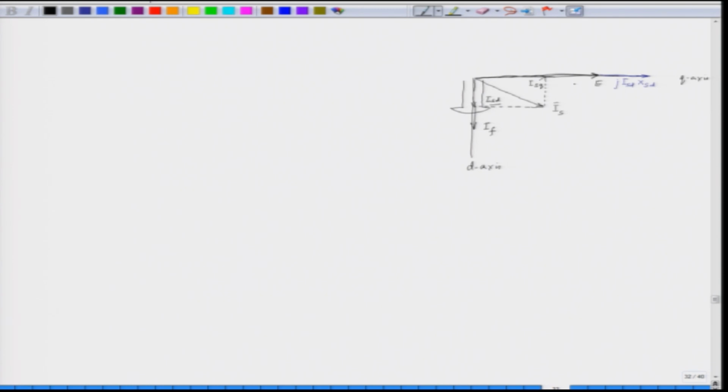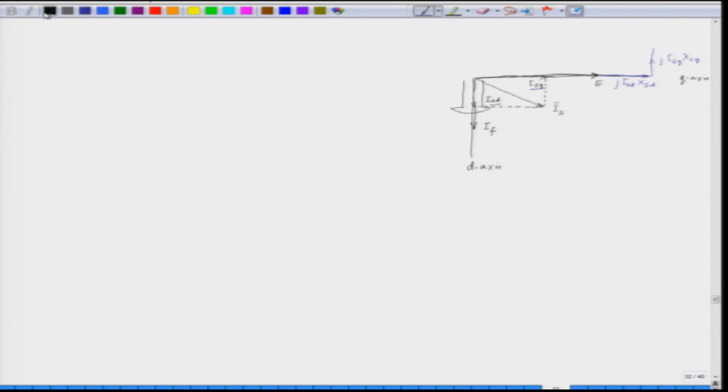Now, we will also add to this the reactance drop in the q axis. The reactance drop in the q axis is here, this is j I_sq into X_sq. So, I_sq is here, the current in the q axis, and the reactance drop is at right angle to that.